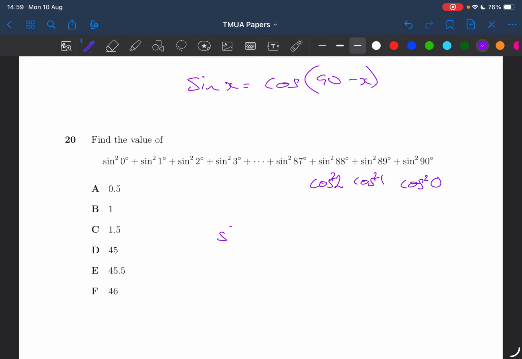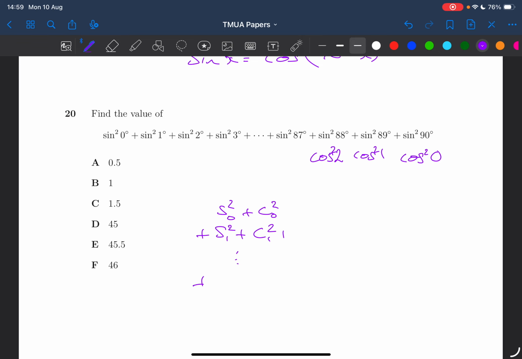we're going to have like sine squared of 0 plus cos squared of 0 plus sine squared of 1 plus cos squared of 1 all the way through. Let's do it this way around. All the way through until we get down to sine squared of 44 and cos squared of 44, and that one is fine.